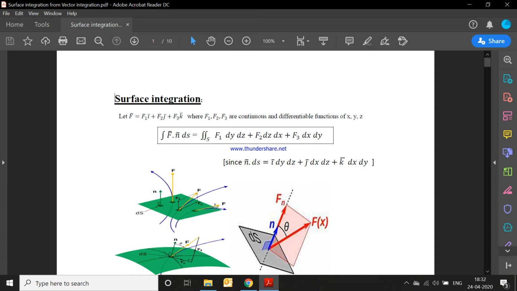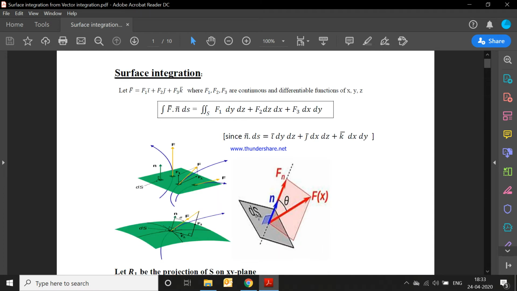In this example, the surface is square shaped. If you take a small part from the surface, that is called ds, and the outward drawn normal is n. If the surface is a curved surface, you can take a small part from the middle of the surface, that is ds, and the outward drawn normal is n bar, and the vector going through this ds is f bar. n bar and f bar make an angle theta.